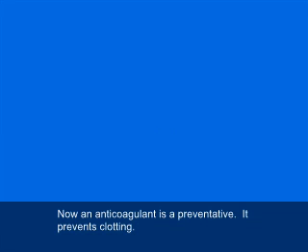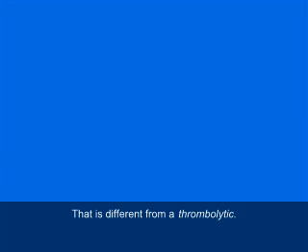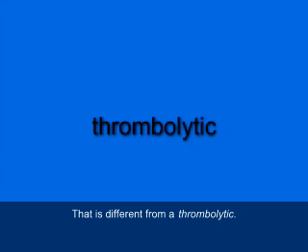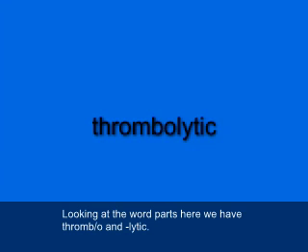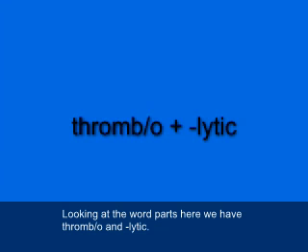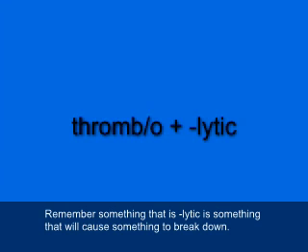Now, an anticoagulant is a preventative. It prevents clotting, and that is different from a thrombolytic. Looking at the word parts here, we have thrombo and lytic. And remember, something that's a lytic will cause something to break down.